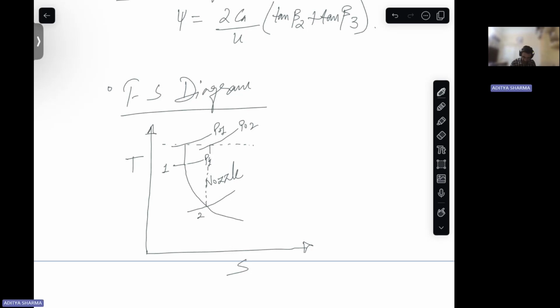Then further there is expansion. This is your rotor, with the static pressure and total pressure related to it.